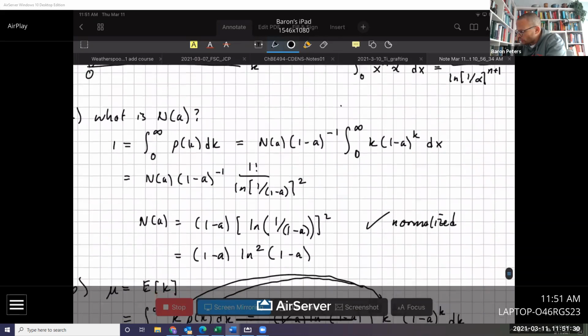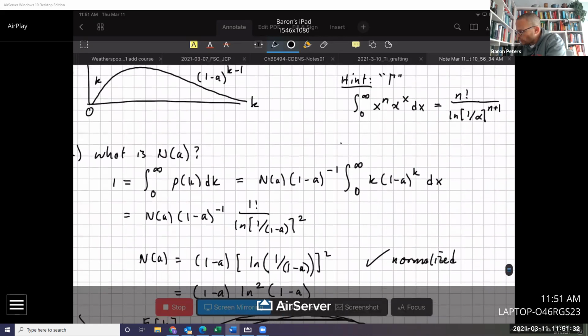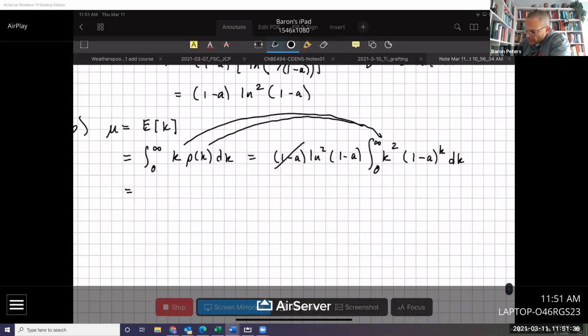This is going to be 2 factorial over the log of 1 over 1 minus a to the power 3. So that is log squared of 1 minus a times 2 over the log of 1 over 1 minus a, and we're raising that to the 3rd power now.